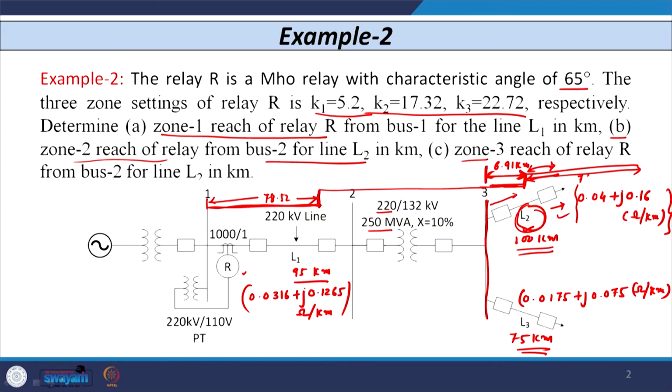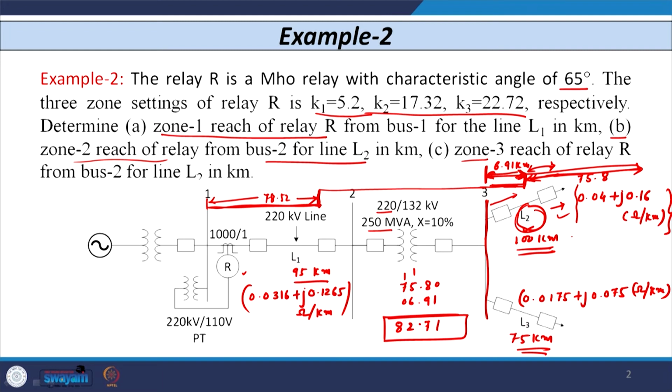So, if I add these two, that is 75.8, the zone 3 reach of relay R for line L2, and 6.91 kilometer, that is the zone 2 reach of relay R from bus 3 for line L2, then this value comes out to be 82.71 kilometer. If you add this and this, the total line length of L2 is 100 kilometer.